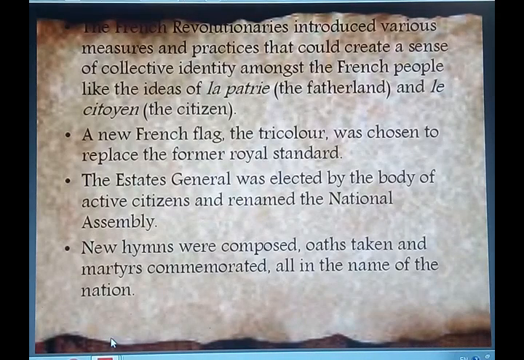New hymns were composed, oaths taken, and martyrs commemorated, all in the name of the nation. New hymns means national hymns, patriotic songs, oaths taken means taking an oath for the country, martyrs commemorated means martyrs began to be remembered, all in the name of the nation.